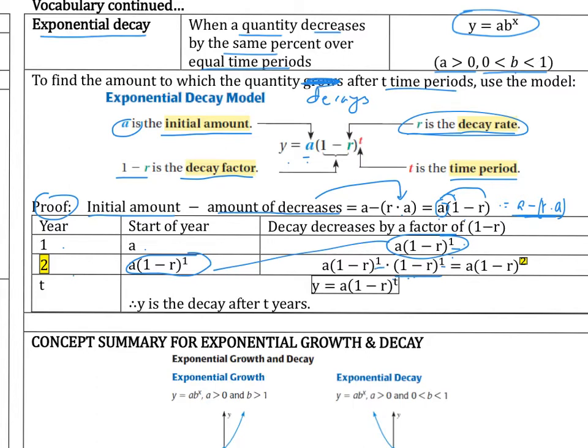And then by using the product property, we can add 1 and 1 to get 2. And the base will be the same, a times the decay factor 1 minus r to the second power. So we can conclude that after t years, y can be represented as a times the decay factor 1 minus r to the t power.